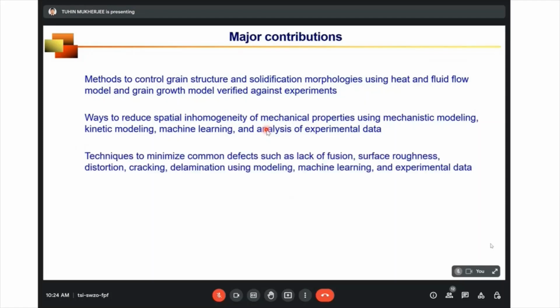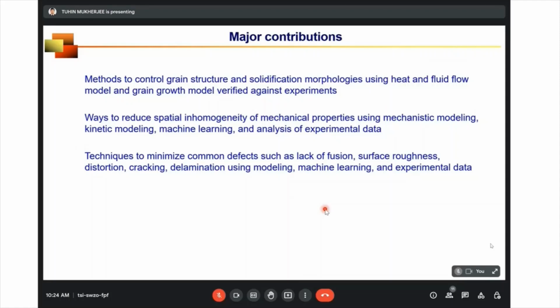It can minimize common defects like lack of fusion, surface roughness, distortion, and so on, so that our product does not need to undergo expensive, time-consuming post-processing, and we can make the desired part in one go. That is the way to reduce the cost of additive manufacturing and improve its market penetration.